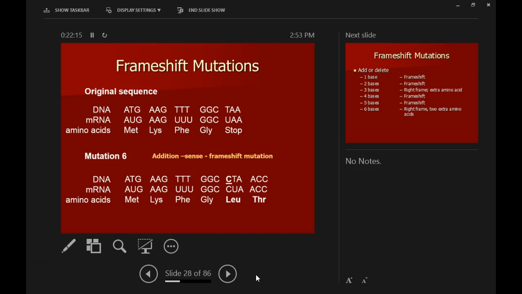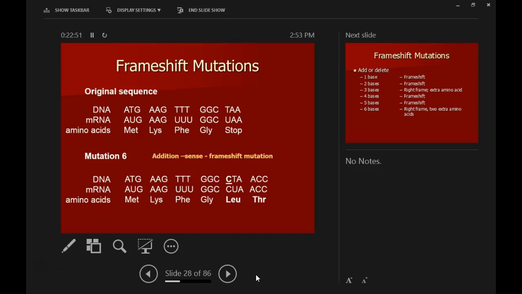Now, you can have additions and deletions without having a frame shift. Let's imagine that we took out an entire codon. Let's say we removed that one codon right there. Would that have any effect downstream? No. You still have the glycine next.